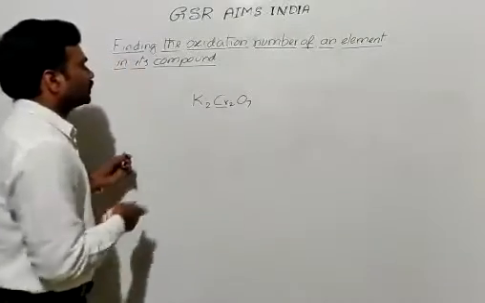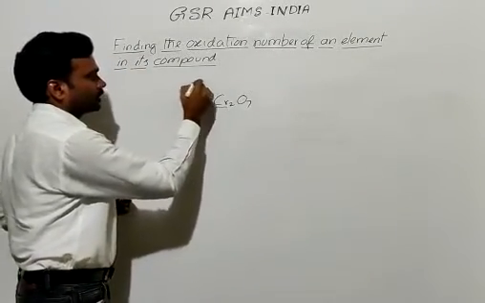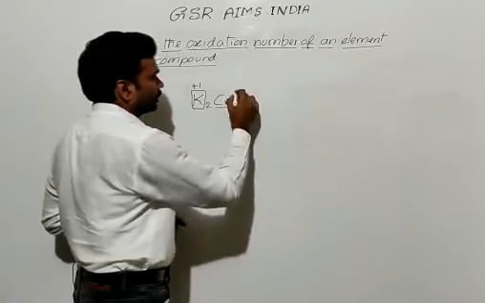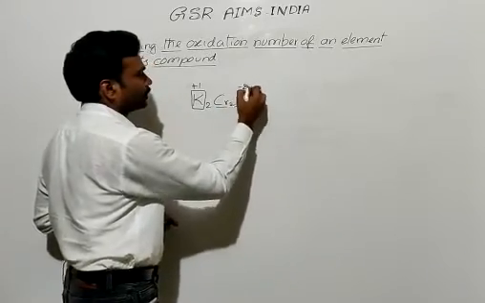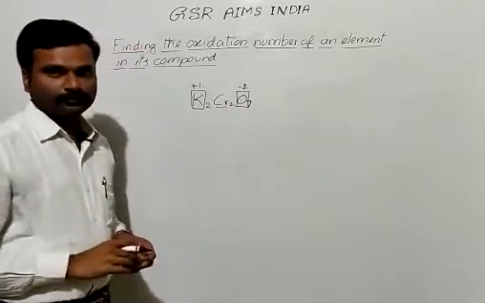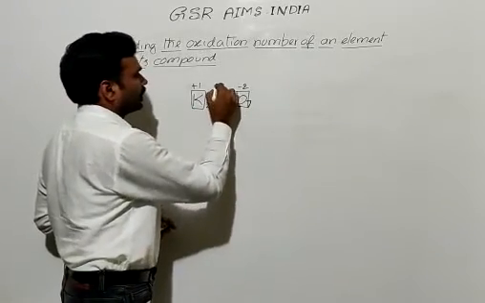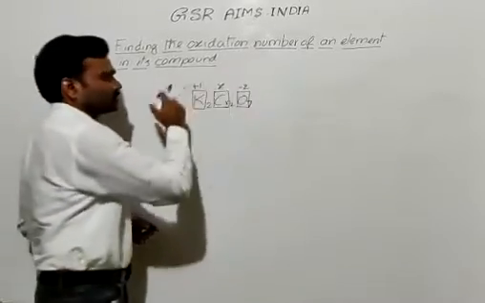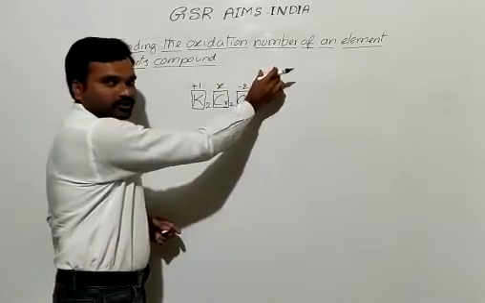As we know, potassium is a first group element. Its oxidation number will always be +1. And here it is an oxide, so oxygen will show -2 oxidation state. Here we have to find the oxidation number of chromium. Let us consider this as X. Now the sum of the oxidation numbers of all the elements in this molecule will be equal to 0, as there is no charge here.